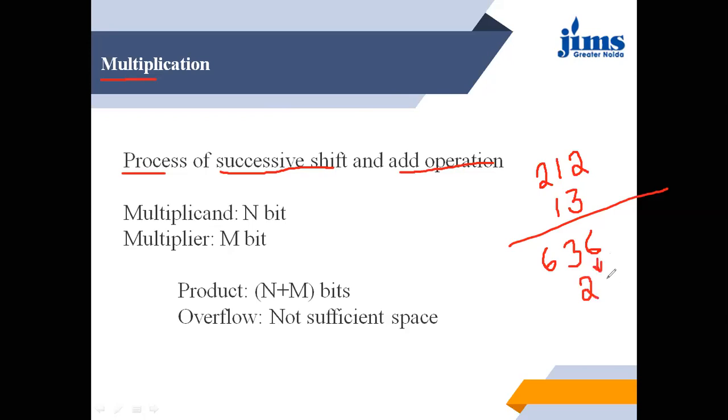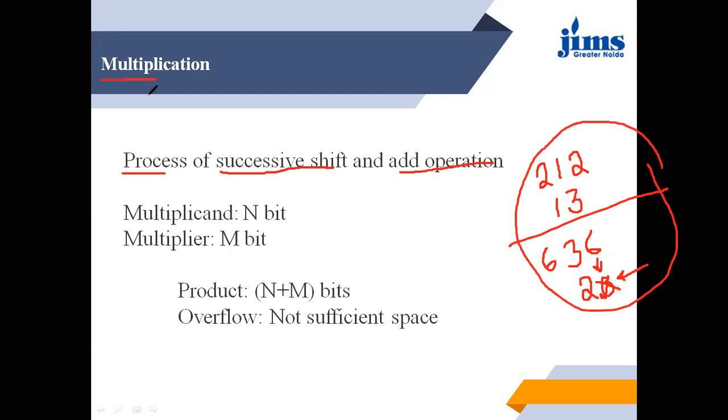Generally, either we write a 0 over here or we cross it, but we start from the next place. That is, we are shifting our partial multiplication one digit left every time. We saw this in decimal numbers also.